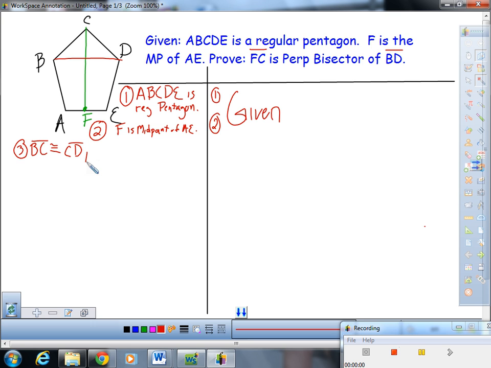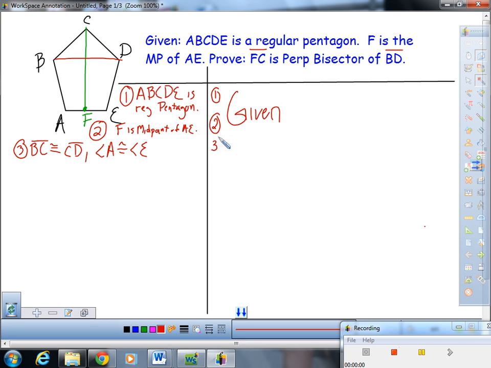And now looking ahead, I know that I'm going to need to say that angle A is congruent to angle E, so I'm listing that in that step just to save myself some time. If you don't know why I did that, I think that might make sense a little later.